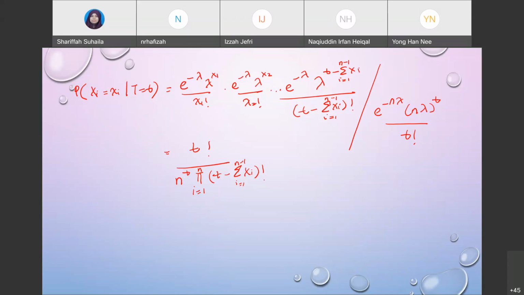Okay, so kita ada semua exponential negative n lambda, so cancel out dengan this one. Okay, lambda x1, lambda ni. So you tinggal adalah lambda t. So lambda t cancel out dengan lambda t here. Okay, so yang tinggal adalah n over t je here, ini t factorial dengan distance dia.